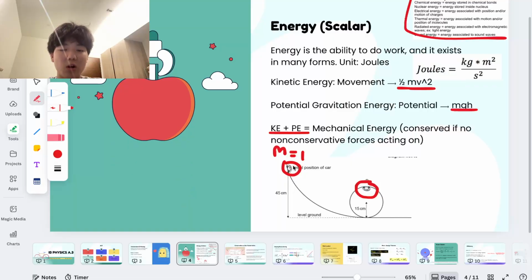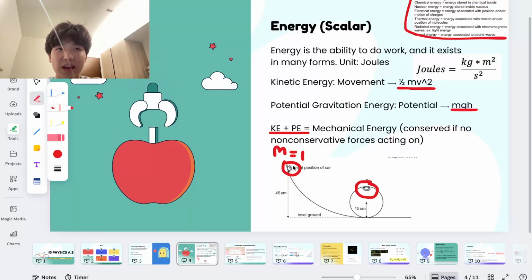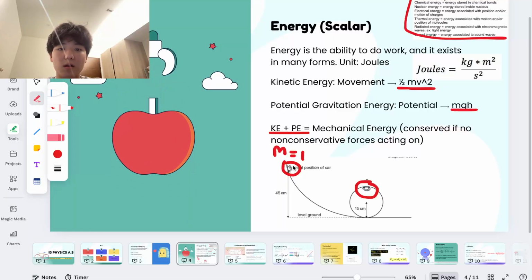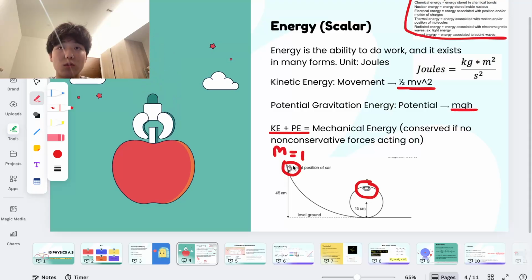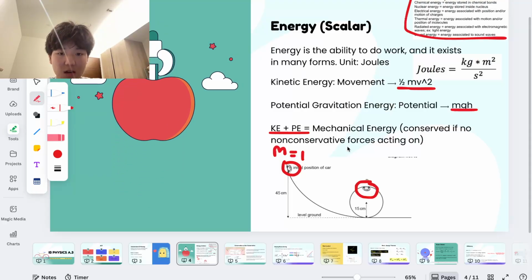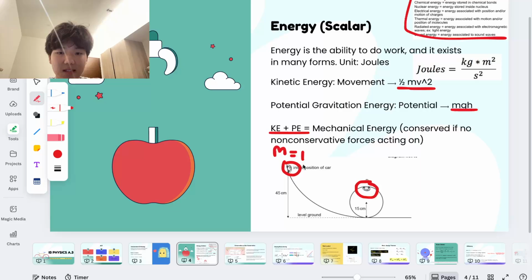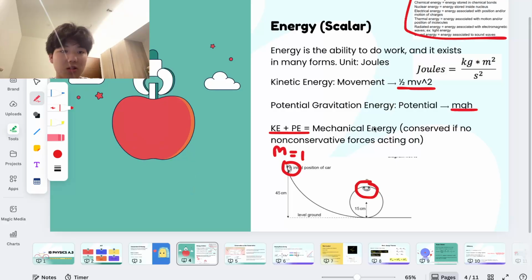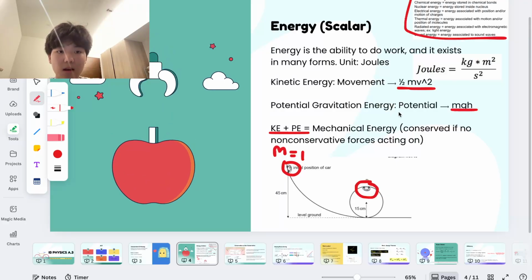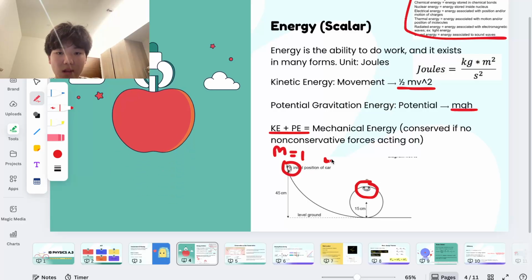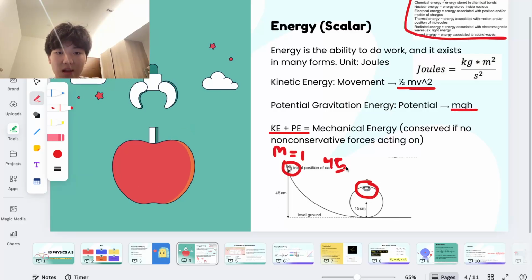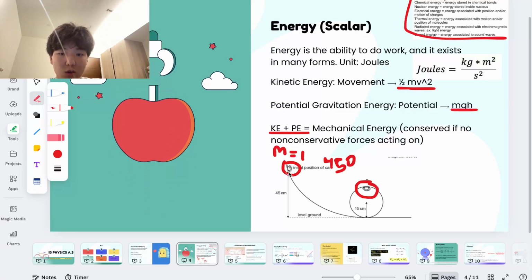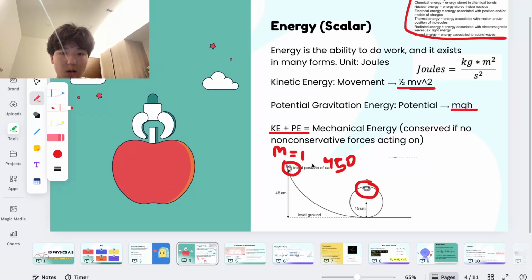Since at the top the car isn't moving, it has 100% gravitational potential energy. 1/2 mv squared, if v is 0, then the whole thing is 0. So 100% mgh, which is, let's see, mass is 1, gravity is, let's say, 10, h is 45. So 450 is our total mechanical energy at each point.